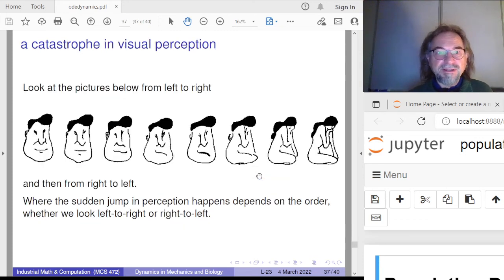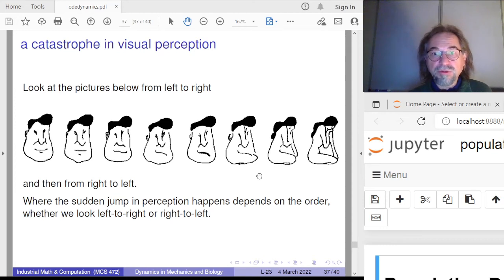Okay, so here is an example of a sudden change in perception. If we look at this picture from the left to the right, at the left we obviously recognize a face, and this turns into a different shape at the right.